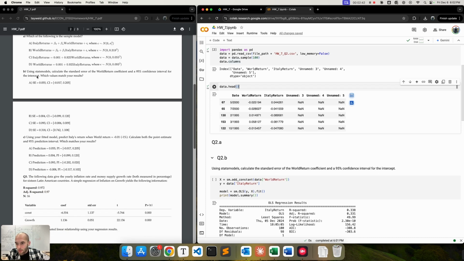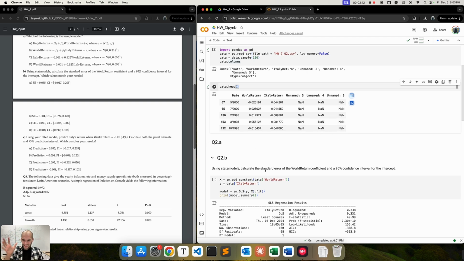But for the coding portion, what we're looking for is the standard error. So we're looking to calculate the standard error of the world return coefficient. So this is, on our beta 1, we want the standard error. And then we also want the confidence interval for the intercept. So these are 2 different coefficients and the variability in them. And then we're looking to figure out which one is which.